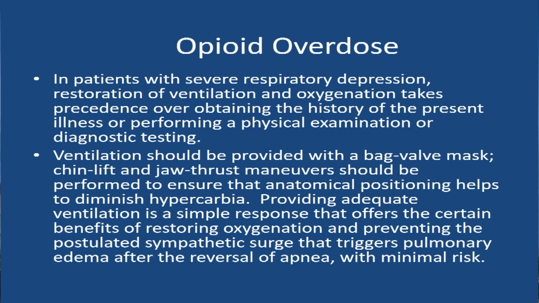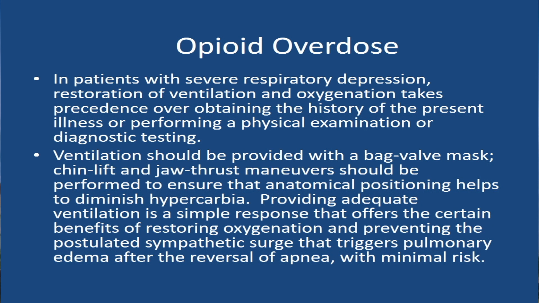And that can be accomplished by pushing with your index fingers on the angle of the mandible, moving the jaw forward, and this jaw thrust maneuver ensures that anatomical positioning helps to diminish hypercapnia.